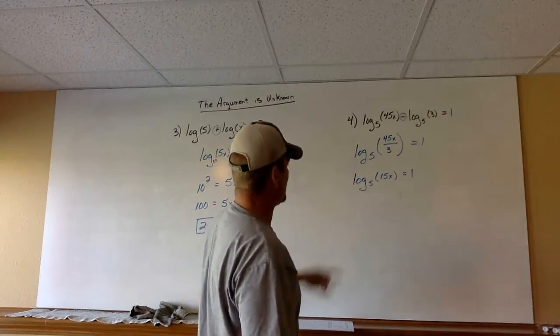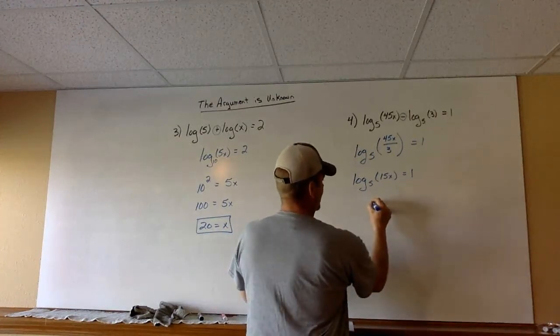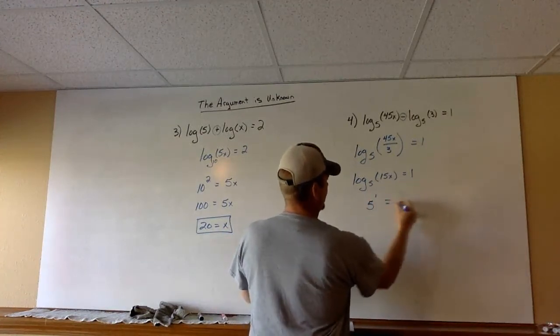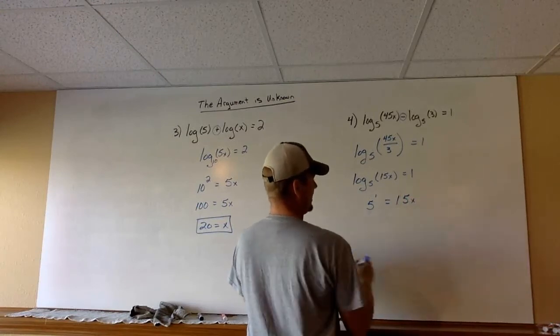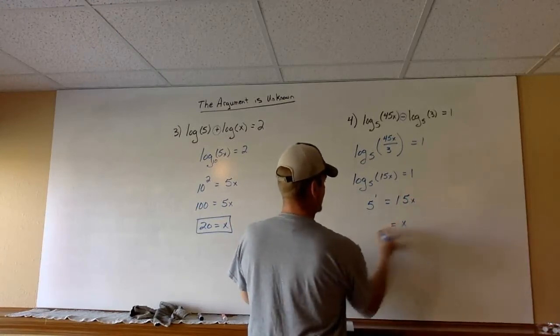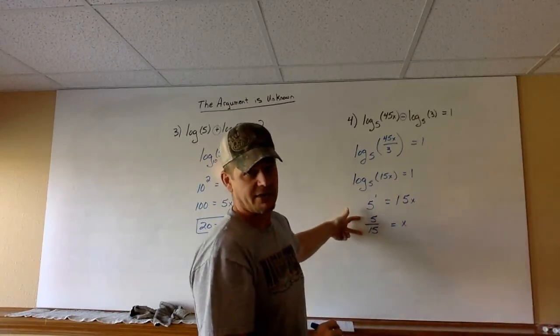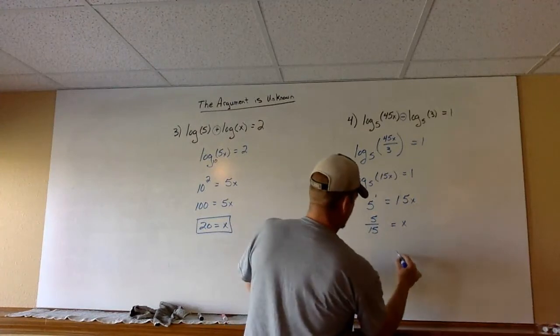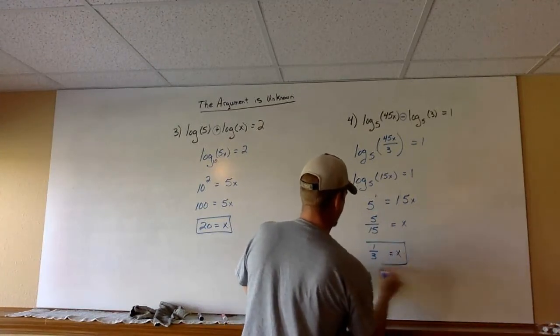And now I'm going to change the form of this, and say the base to the exponent equals the argument. So I get 5 equals 15x. So x actually equals 5 over 15. Well, it's a fraction, you have to reduce it. So x in this case must equal 1/3.